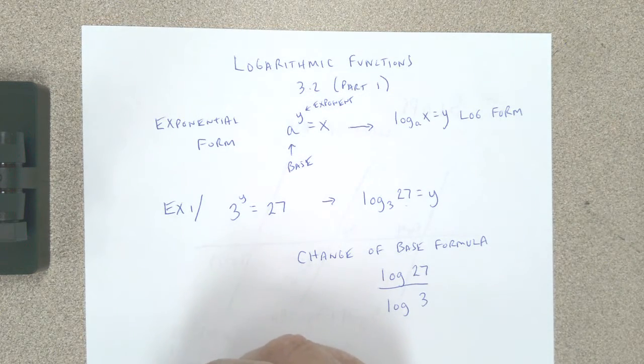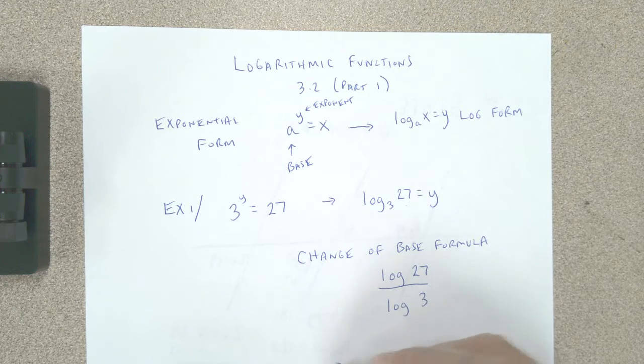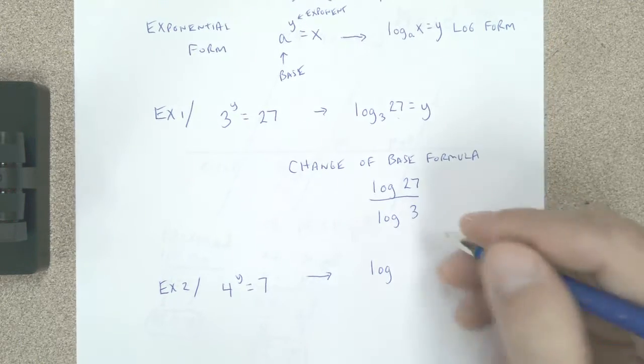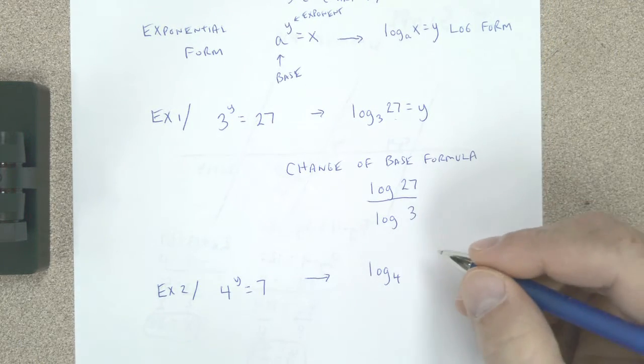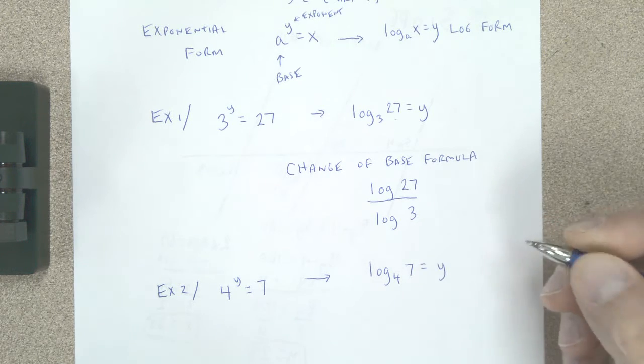Let's do another one, example 2, where we've got exponential form, 4 to the y equals 7. So in this case, if we're changing this to log form, we would say this is log base 4 of 7 is equal to y.